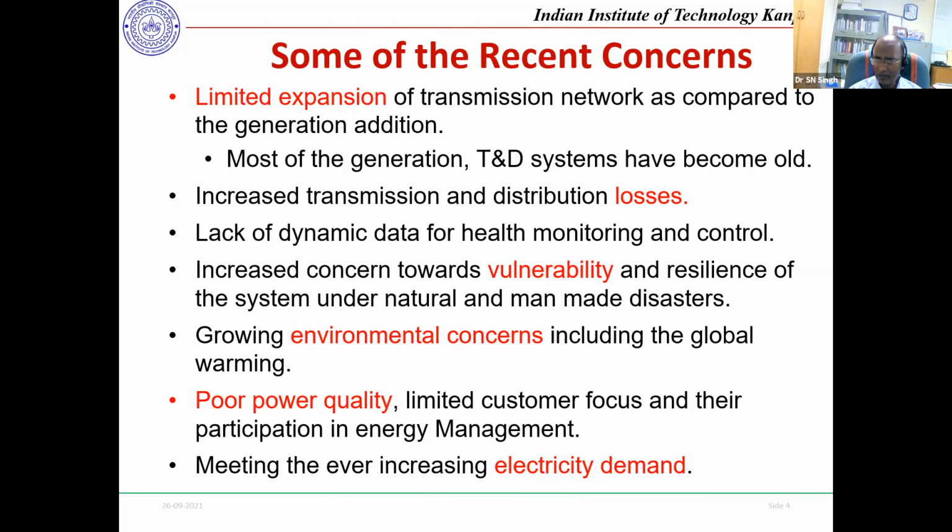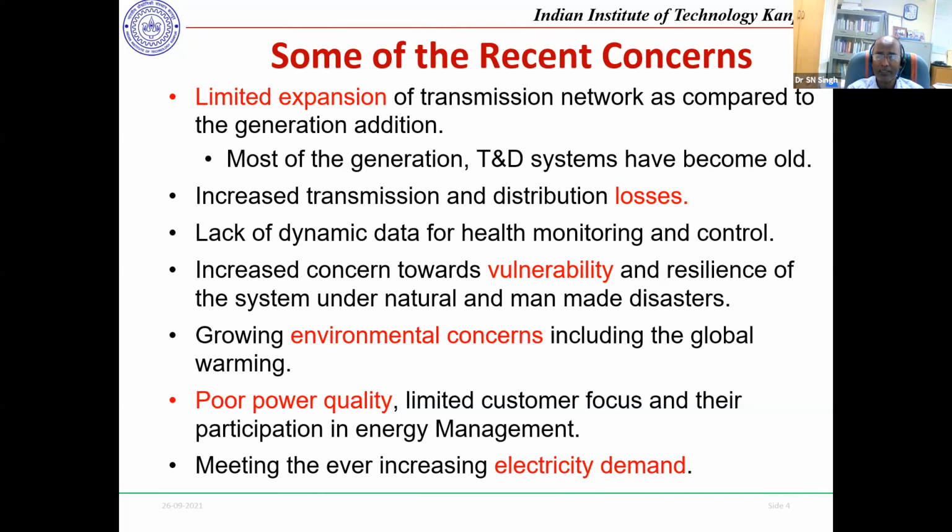The transmission system we have made in such a way that it is not very lossy, because we normally follow the standards for these losses. As we have done the load flow of the whole UP grid, we found it is not more than 3.5 or 4%. But the distribution loss should be 7 to 8%, not more than that, which is technically achievable. But in total, many states have more than 25% losses, because they include the AT&C losses.